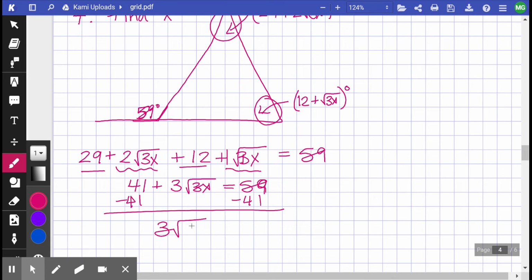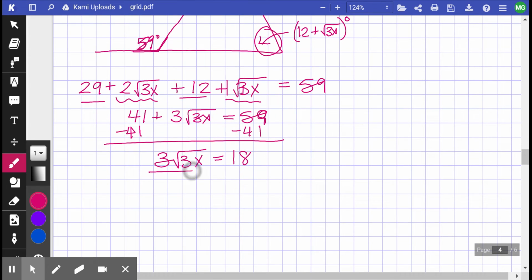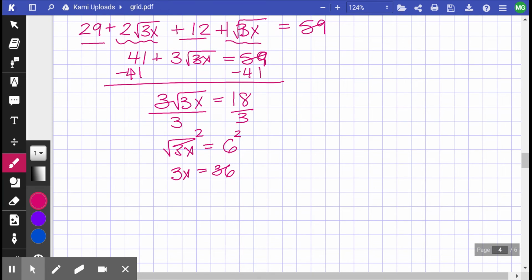You get 3 times the square root of 3x equals 18. Isolate my radical, so I need to divide by 3 on both sides. So I get the square root of 3x equals 6. Now to get rid of my radical, I can square both sides to get 3x equals 36, and then divide by 3, and x equals 12.